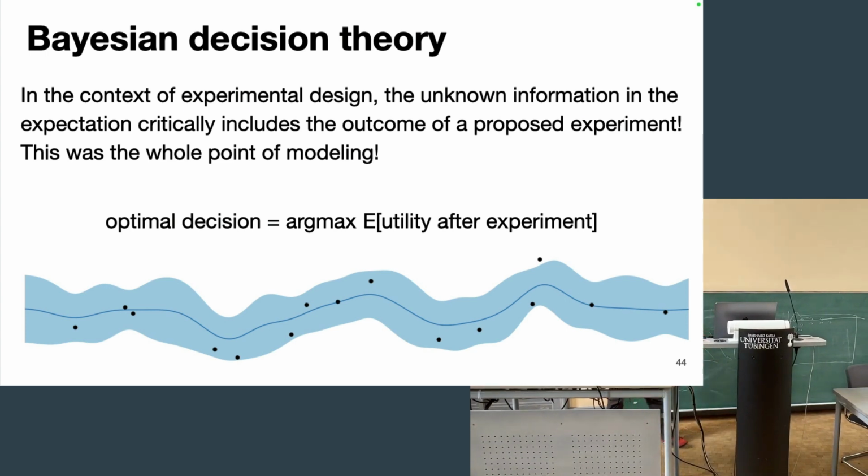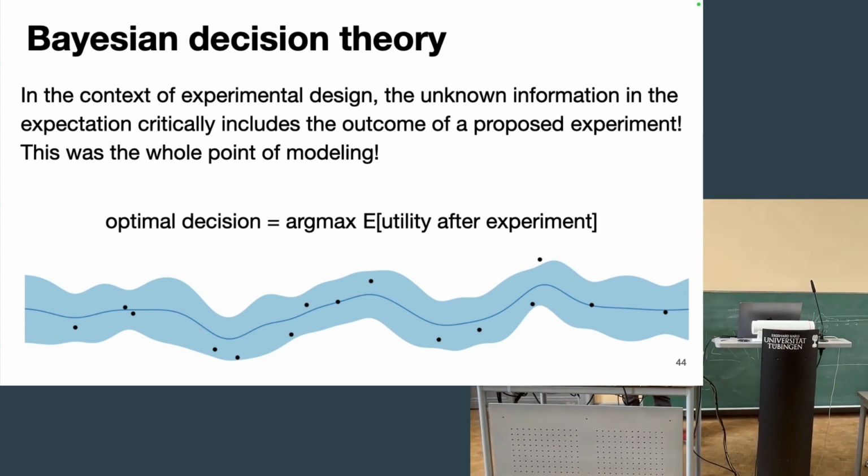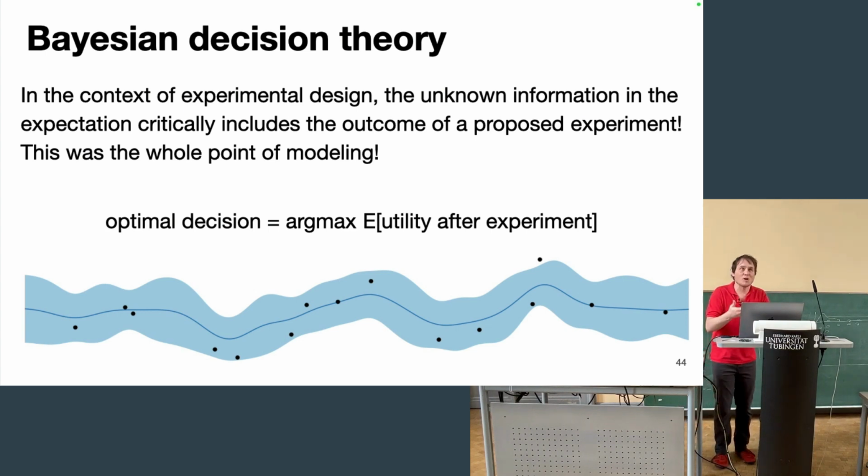So the key unknown information that's going to appear in computing the expected utility is going to be the outcome of the experiment that I'm proposing. This is the whole point of modeling the properties of interest, to be able to compute that expectation.